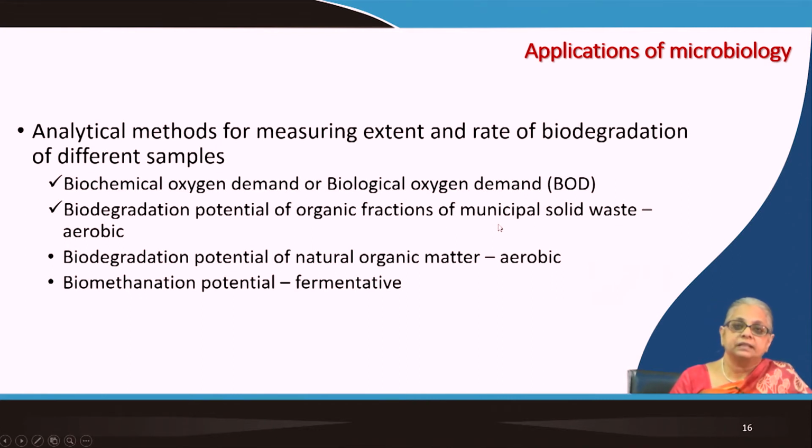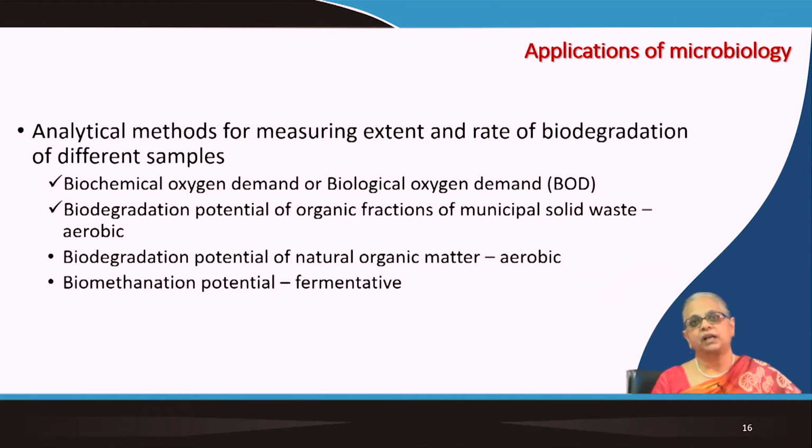We are interested in knowing how much of that mixed solid waste has organic material. So we know that food waste is organic in nature. We know that grass and twigs and branches and leaves, all this leaf litter, or you might say vegetation, all of that is organic. You also have paper and plastic, which are also organic in nature, but we know that they're very different in their biodegradability compared to, let's say, food waste.